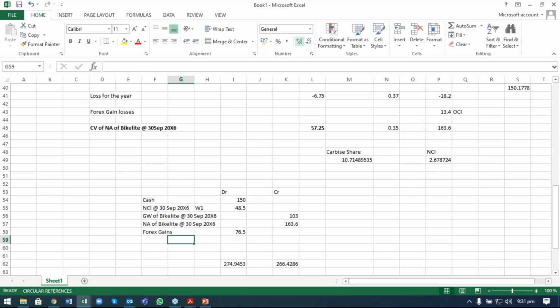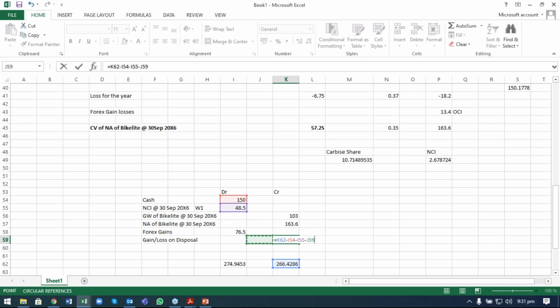And last thing that should be the balance figure, that is gain or loss on disposal. So gain and loss on disposal should be the balance figure. How we can calculate? As the credit side is higher, so we need to consider this value minus this value minus this value.